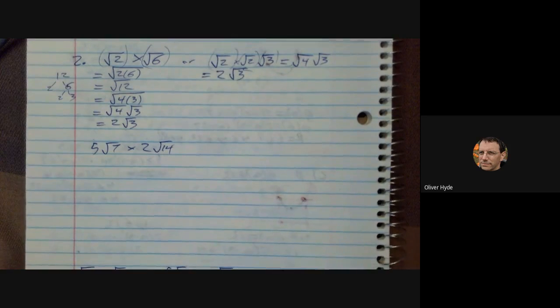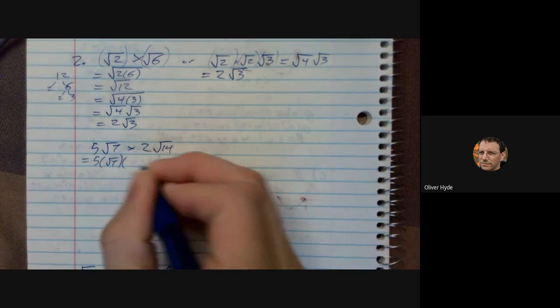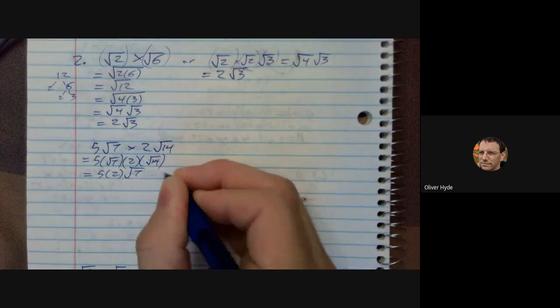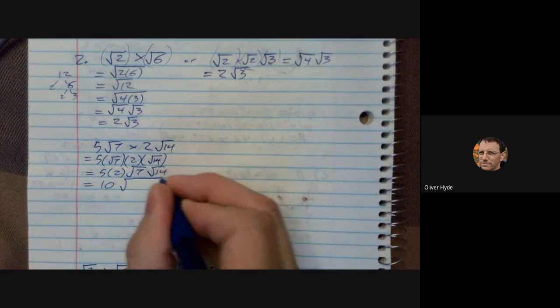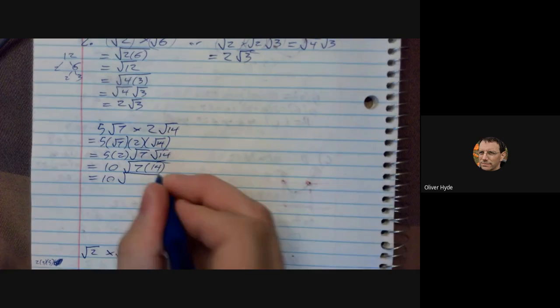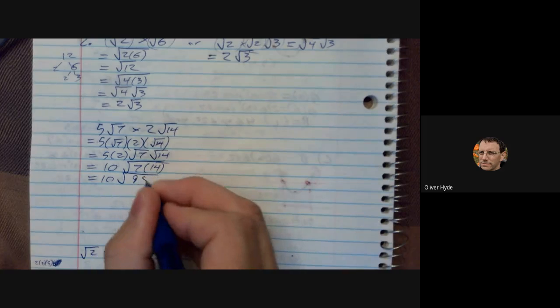You could do that: this is 5 times root 7 times 2 times root 14, which is 5 times 2 times root 7 times root 14, which is 10 times the square root of 7 times 14. And 7 times 14 is going to be 70 and 28, so 98.